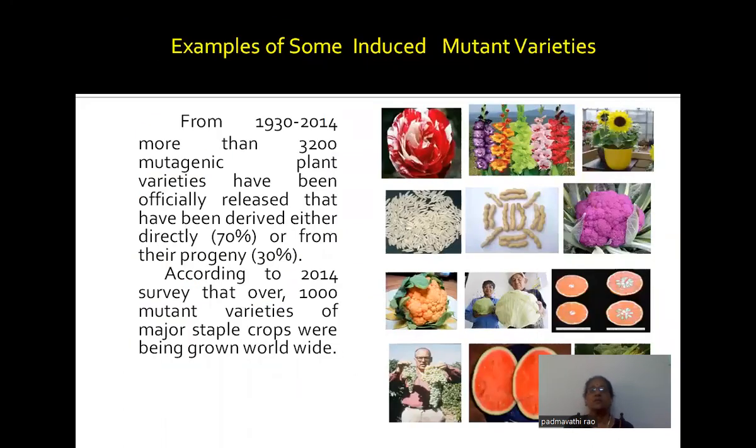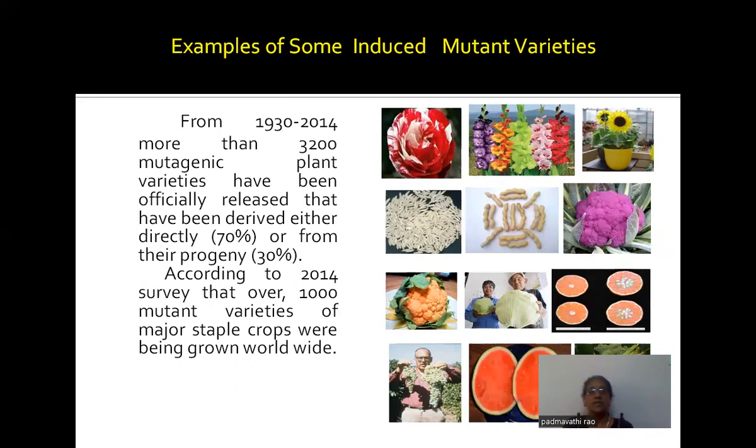So here are examples of some induced mutant varieties. From 1930 to 2014, more than 3,200 mutagenic plant varieties have been officially released. Among these, 70% of the mutants were directly released and the remaining 30% were released from their progeny.